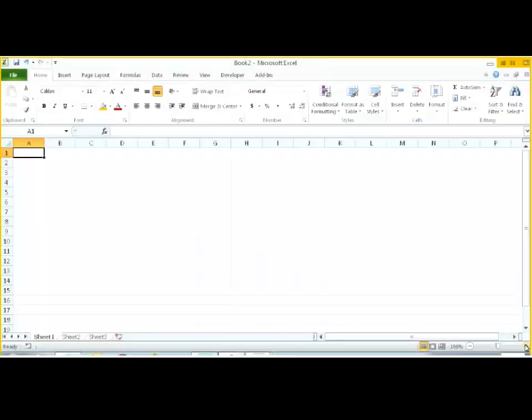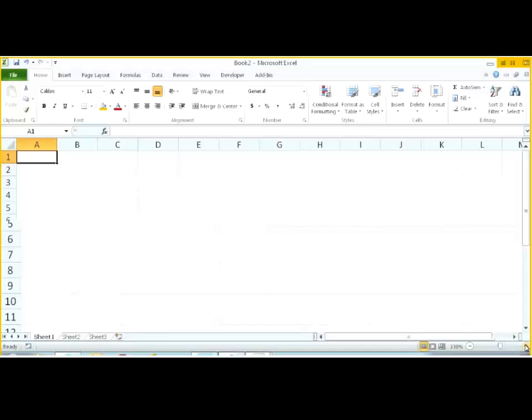Okay, so I need to open up a spreadsheet here. And I need to share it. So what I'm going to try to do is duplicate in the spreadsheet what I did the other day by hand.